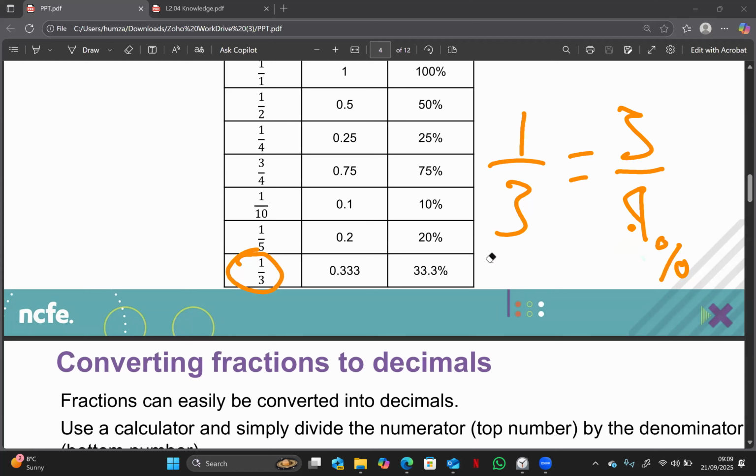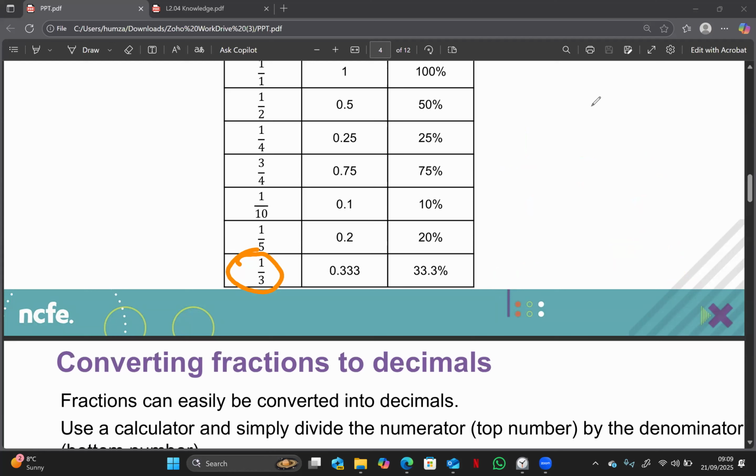Do you understand what I mean by that? If you don't understand, please let me know. No, I don't understand. I was going to ask you. Okay, so like 1/5. Five goes into 100. You can divide 100 by 5, can't you?